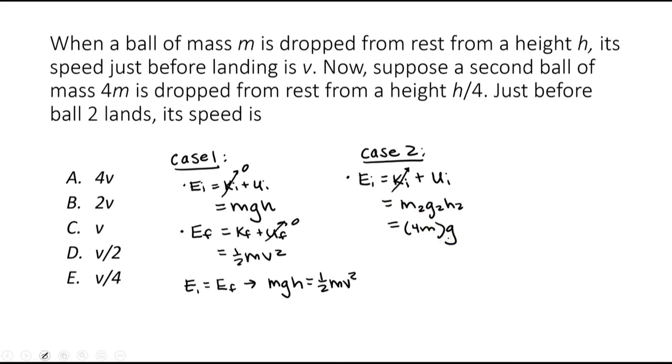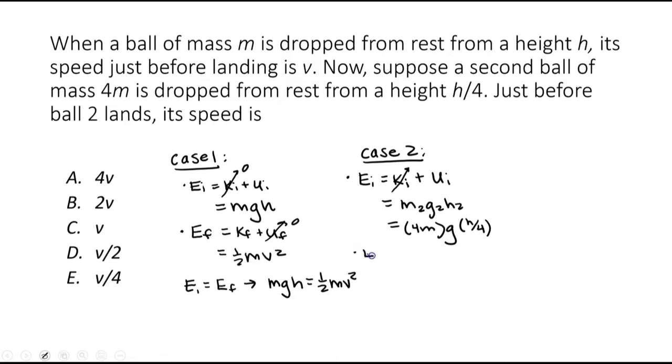G is the same. I shouldn't have put a 2 on that, sorry. And H in case 2 is really H divided by 4. So our 4's should cancel here, right? We have 4m and H divided by 4, and so I really just get mgh for my E initial.